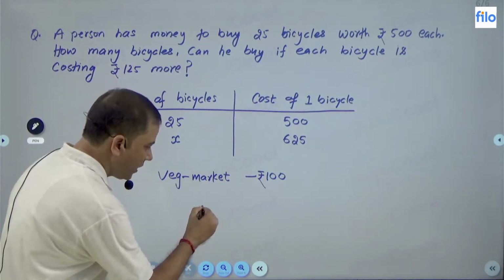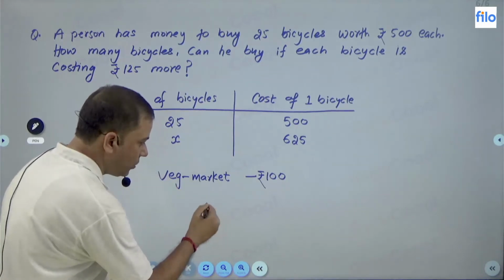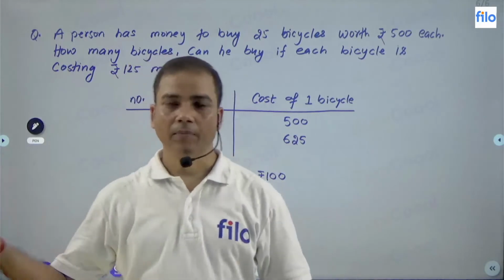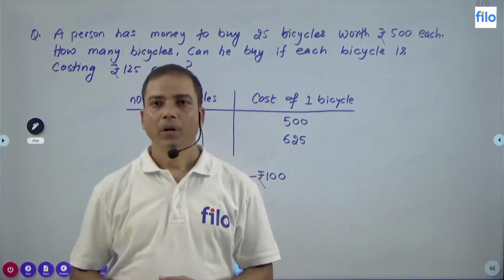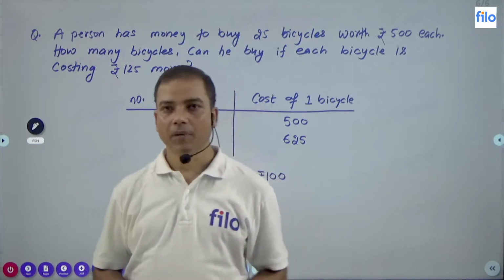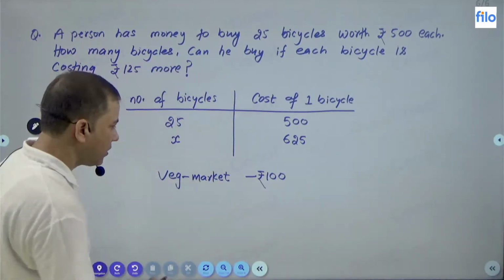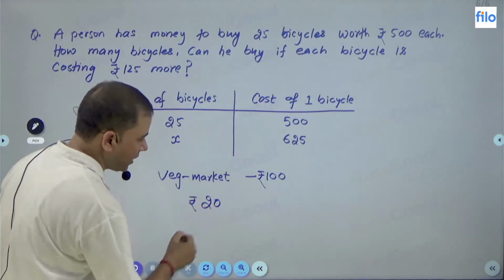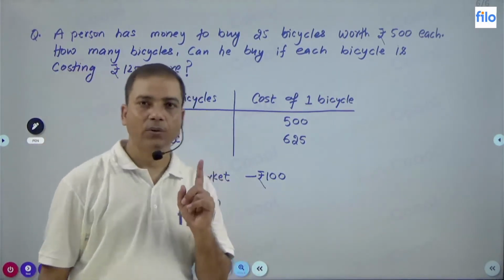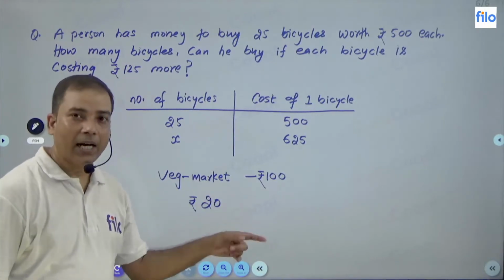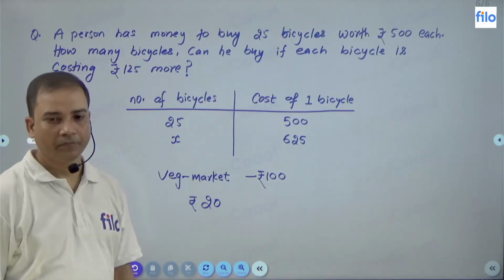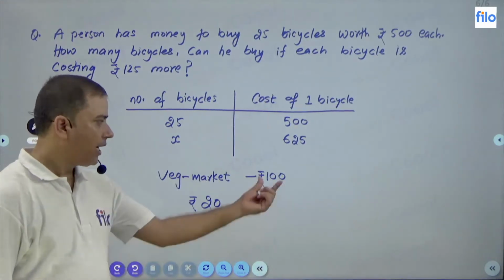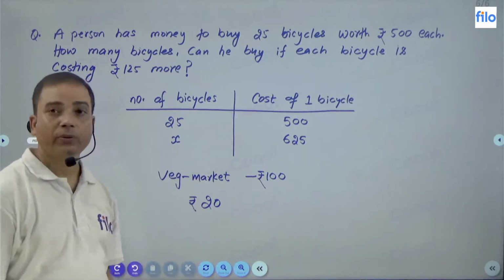I have a total of 100 rupees. I ask someone coming from the market what the cost of potato is today. He tells me the cost is 20 rupees per kg. So how many kgs can I buy with my money? Sir, 5 kgs, because I have 100 rupees and the cost is only 20 rupees per kg.